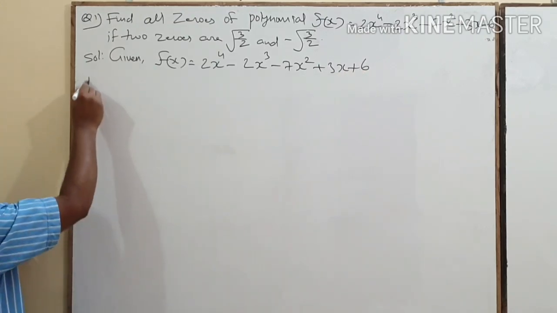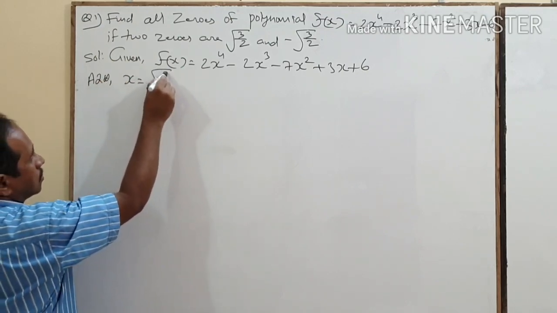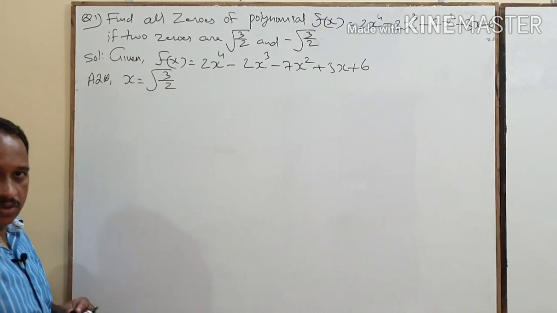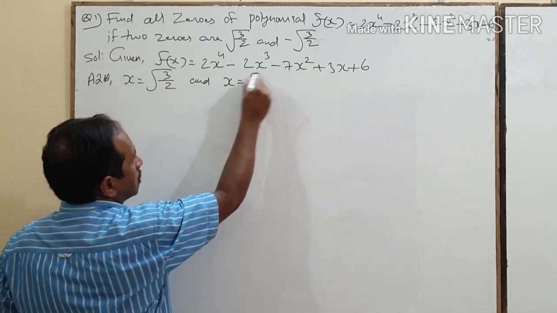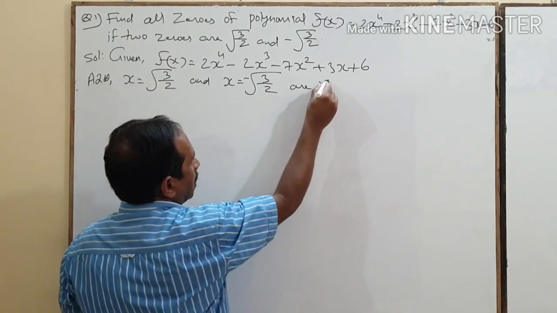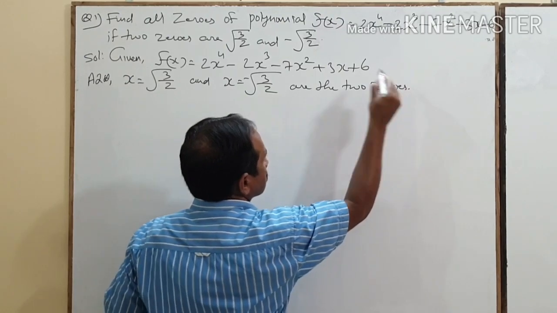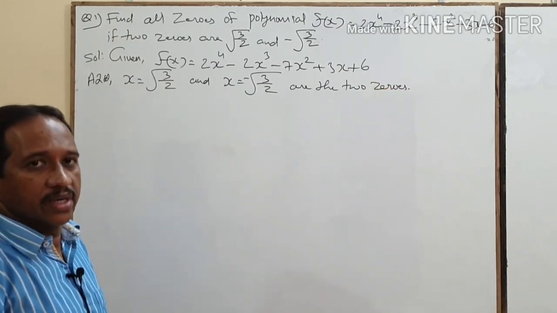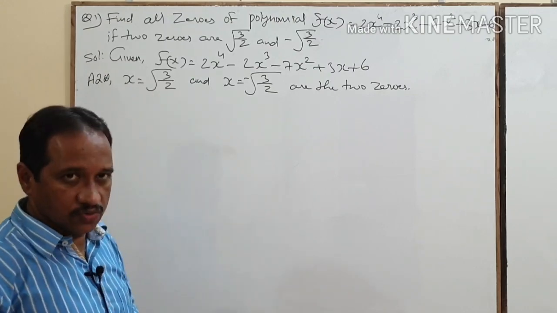According to the question, x is equal to root of 3 by 2 and x is equal to minus root of 3 by 2 are the two zeros. So here we are given the polynomial and two of its zeros.